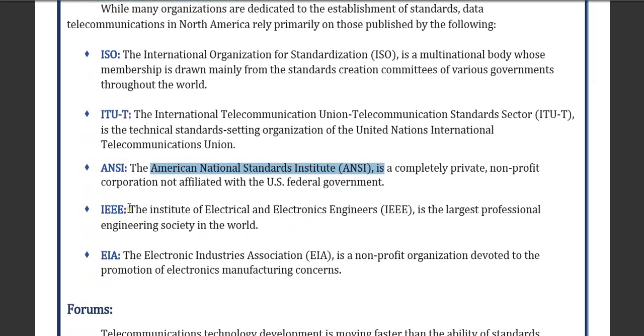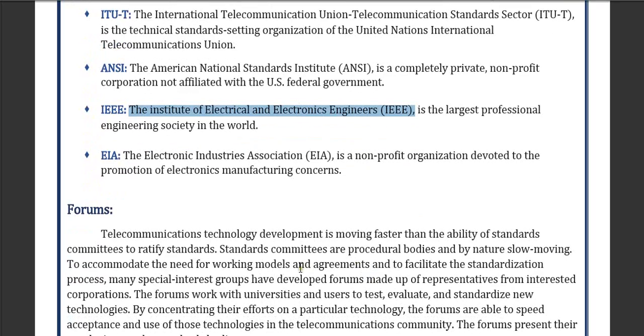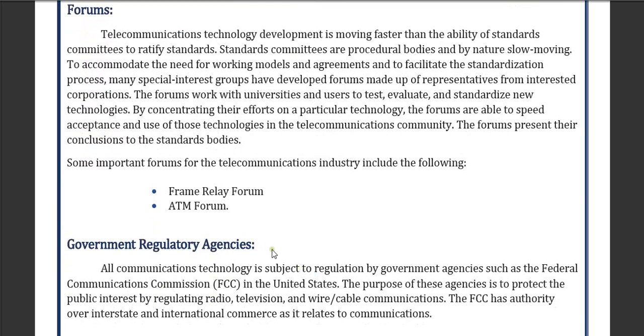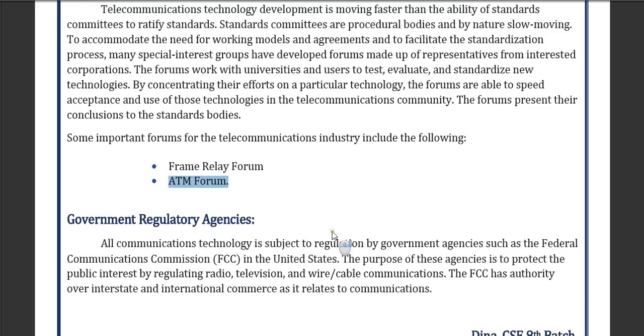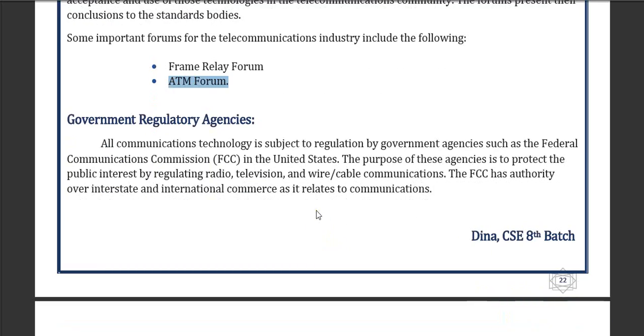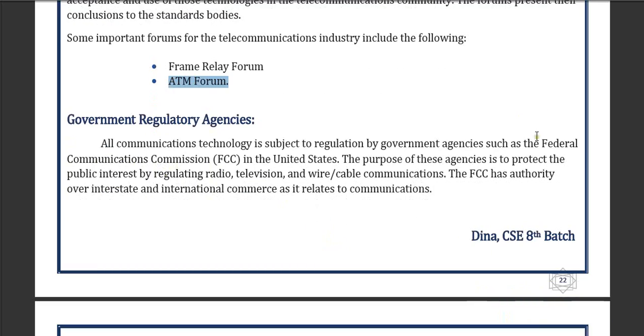Then IEEE is the Institute of Electrical and Electronics Engineers. Then forums can generate standards, like the Frame Relay Forum and the ATM Forum. We will discuss it later. The government regulatory agencies can be the FCC, the Federal Communications Commission, in the United States.